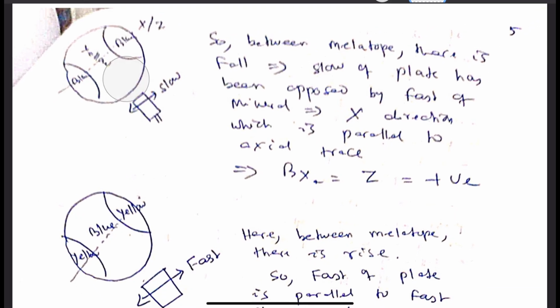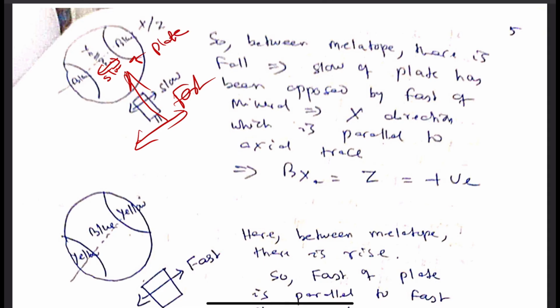Here the fast direction has been pushed. This is fast. Between the melatopes there has been yellow. This is the slow direction, the slow of the plate. But there has been yellow.